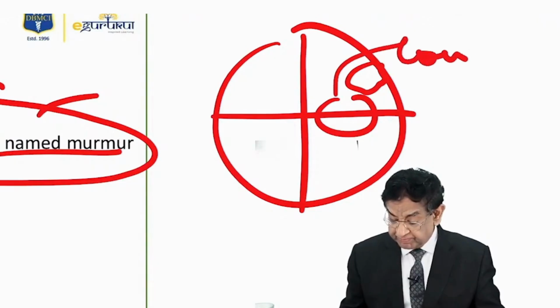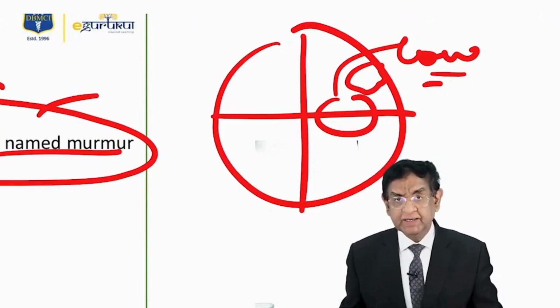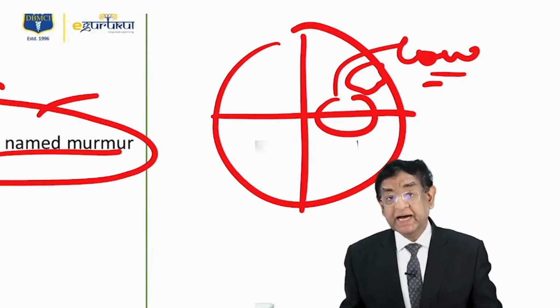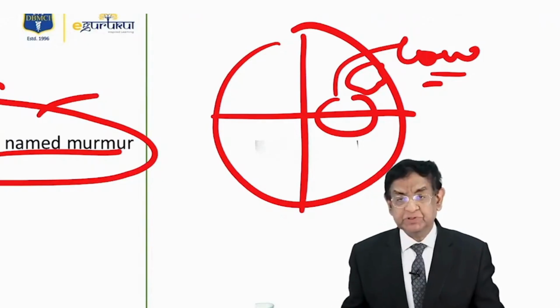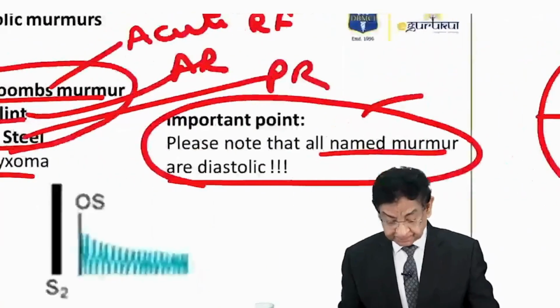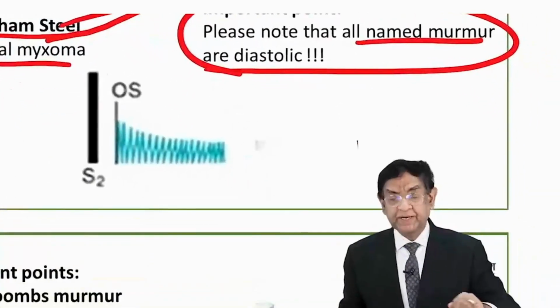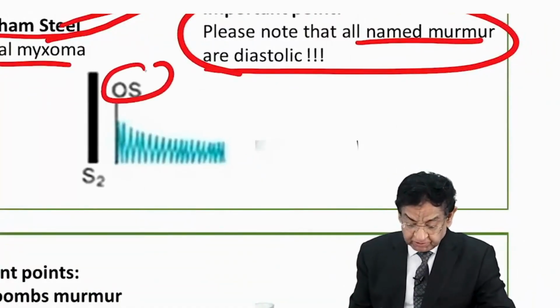The murmur of MS is high pitch, and moreover, if you change the position, the myxoma murmur may disappear. This is a classical example of the so-called opening snap in mitral stenosis.